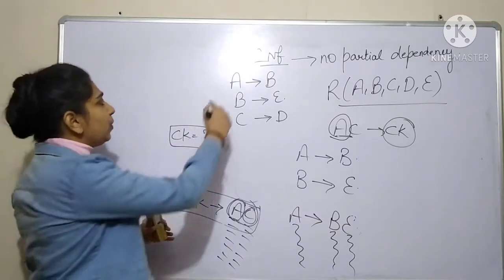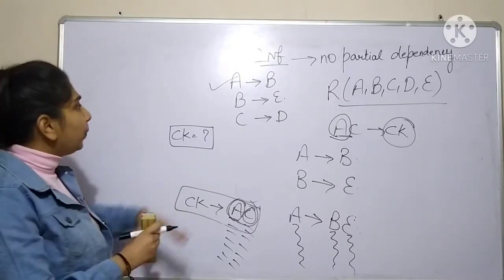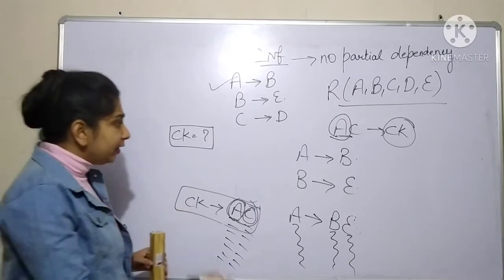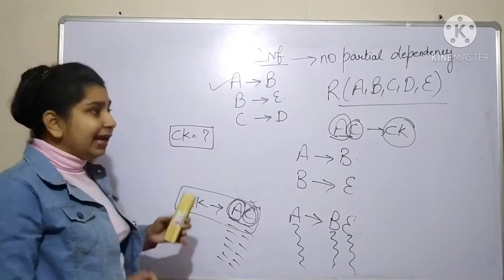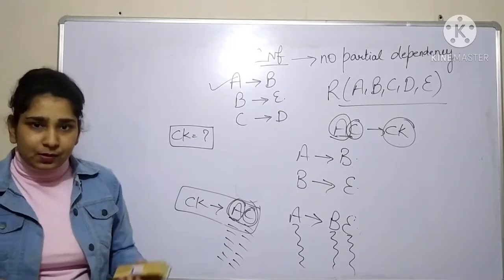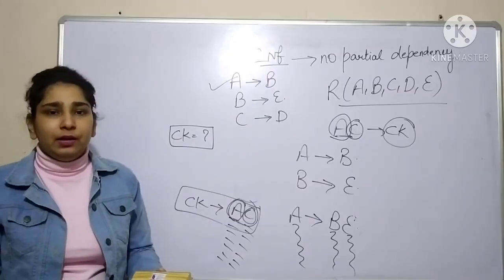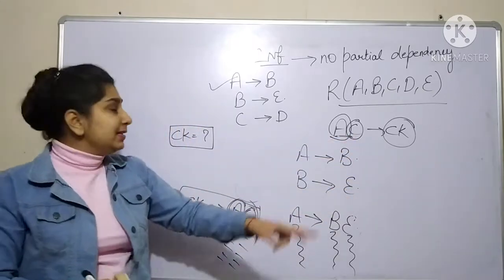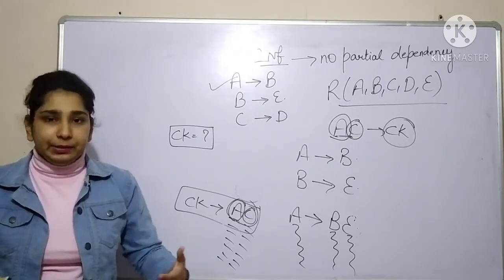Okay, so this was the first point where our relation was not in the second normal form. Now if you look at it, C attribute alone has a lot of redundancy or duplicated values. Combined, A and C act as the unique key, but alone C also has many duplicated values.